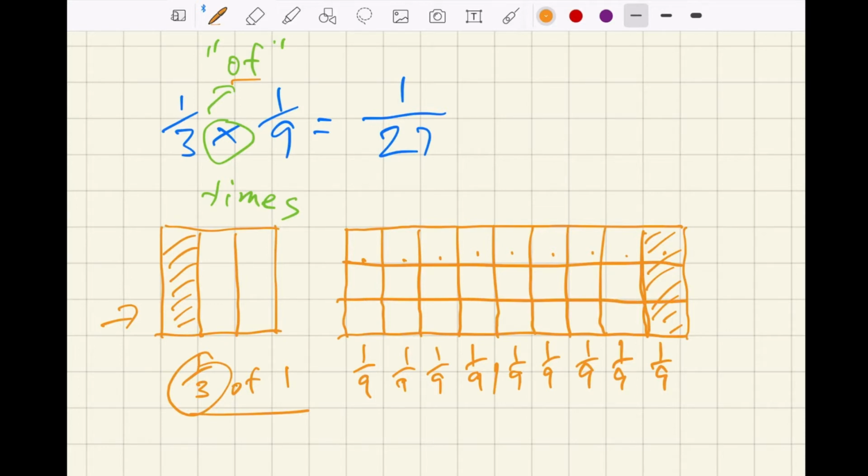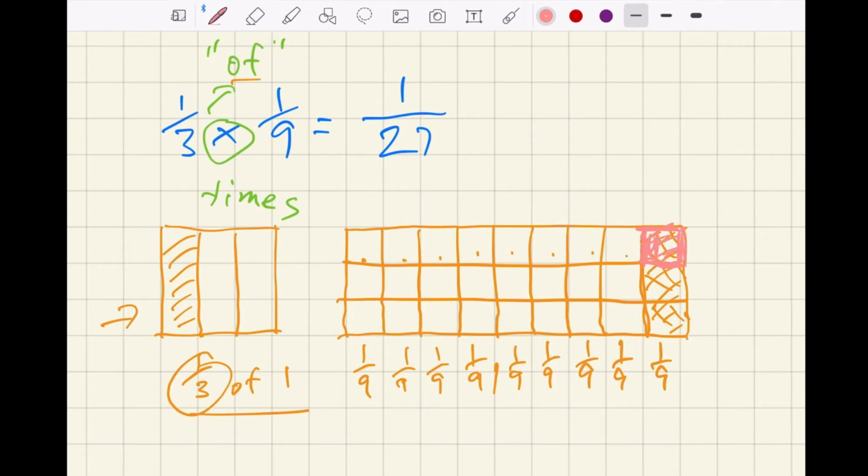All right? So now this 1/9 has been cut into 3 parts. 1, 2, 3. And so we have 1/3 of 1/9. 1/3 of 1/9 would be one of these. So what fraction is that?